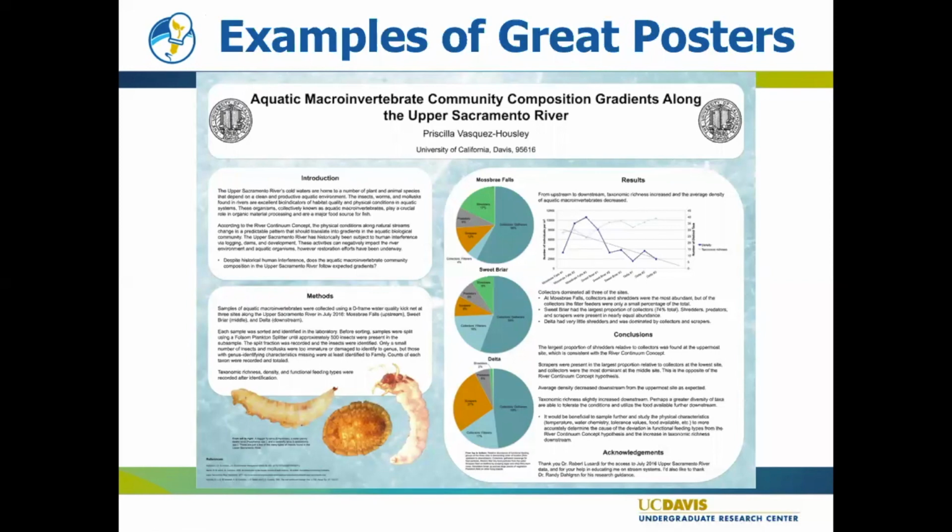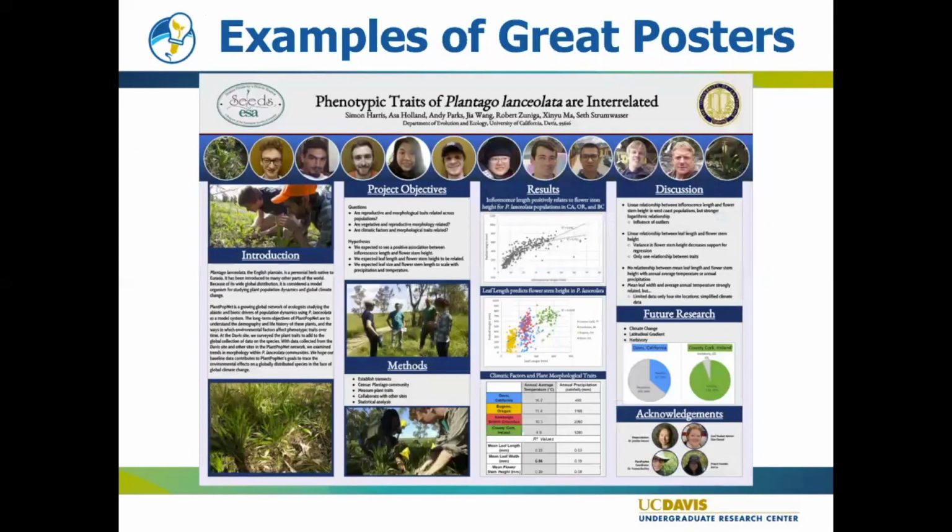She's also included references, which is a much smaller font size, but still important to include in the bottom left, as well as acknowledgements in the bottom right corner. Again, she has some key information, some key results listed, maybe not everything that she generated in this project, but just enough so that I can get the main message of her project.